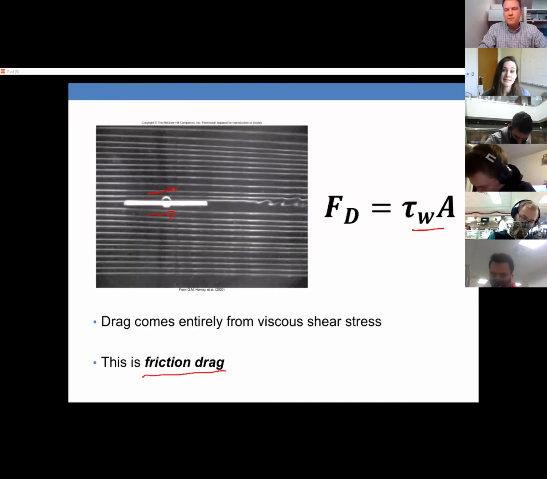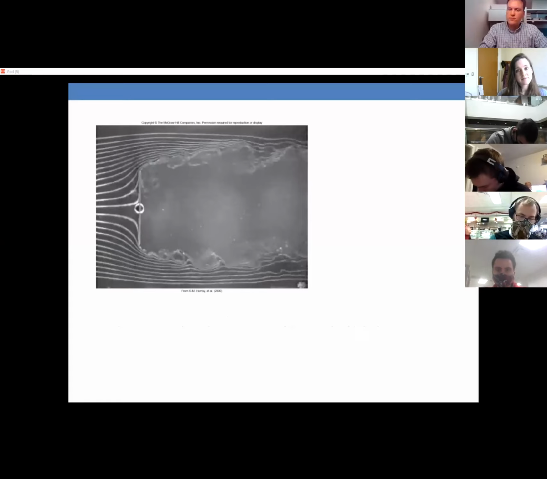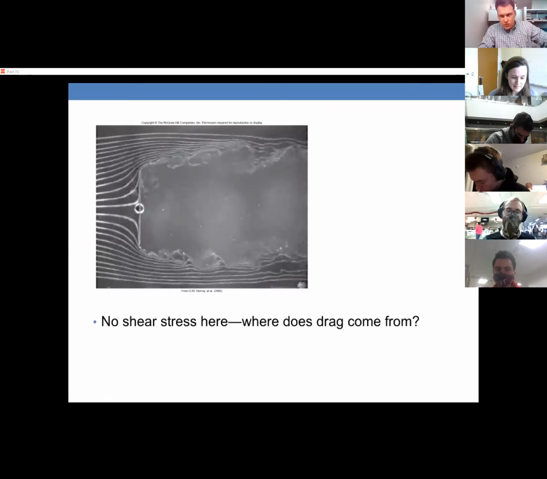But there is another kind of drag which you would get. So here we took that same flat plate and we turned it perpendicular to the flow. So now instead of the fluid flowing along it and the viscous forces dragging on it, we get a different kind of drag.